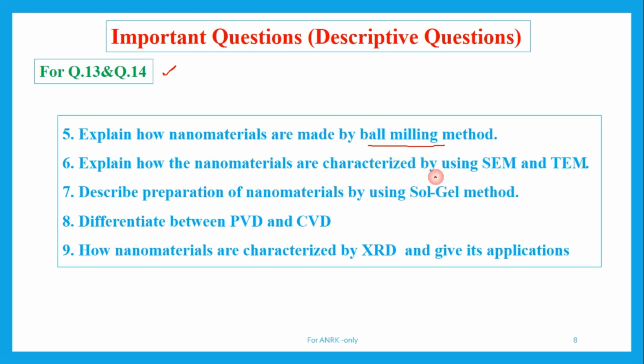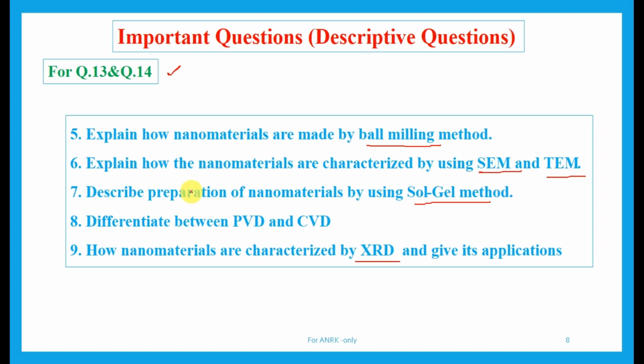Generally they focus mostly on the ball milling and sol-gel methods, and then they may ask about characterization of the materials. For characterization we have mainly X-ray diffraction, SEM and TEM. SEM stands for scanning electron microscopy and TEM stands for transmission electron microscope. To answer 13 and 14, we have to prepare at least these 5 questions.